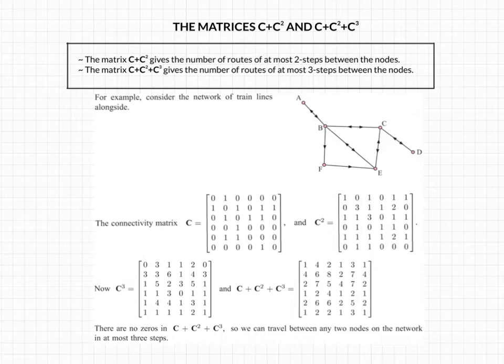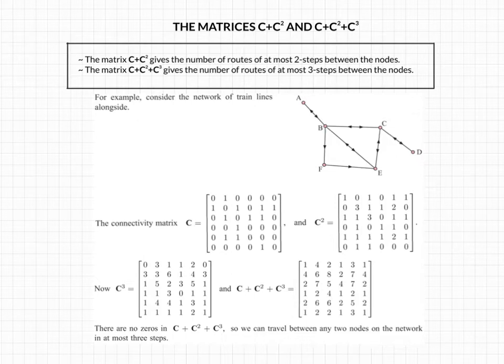So if we look at this example of a train line, you can see we can get from A to B, and then also B can go back to A.